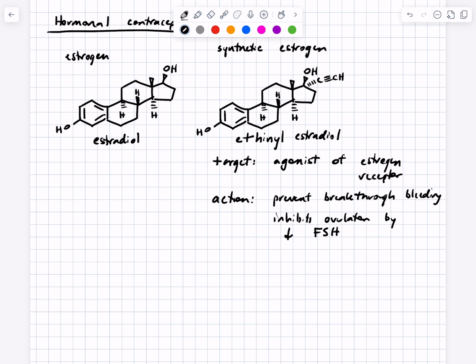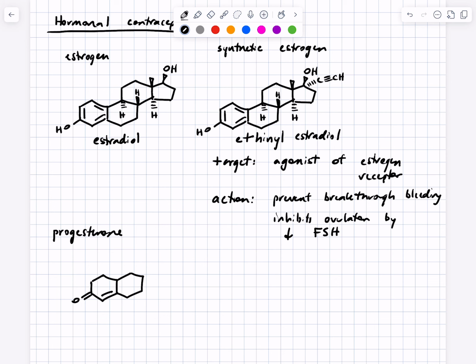Then the other component of hormonal contraceptives are derivatives of progesterone. It's really interesting, if you look at the structure of progesterone, you'll see that it's similar to estrogen, but it has key differences. Instead of this benzene ring here, progesterone's got a 6-membered ring with a ketone on it.